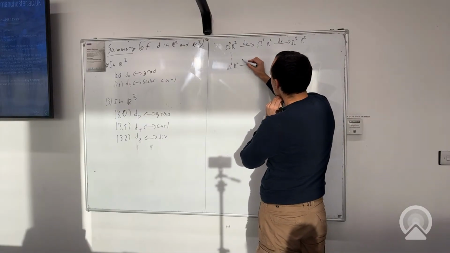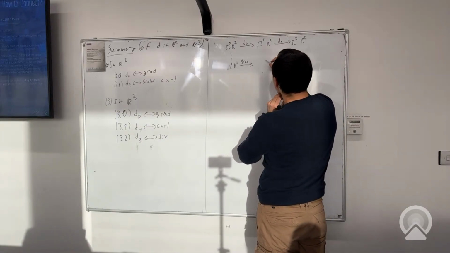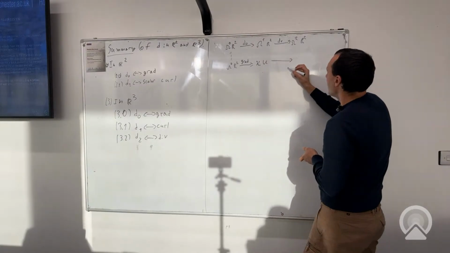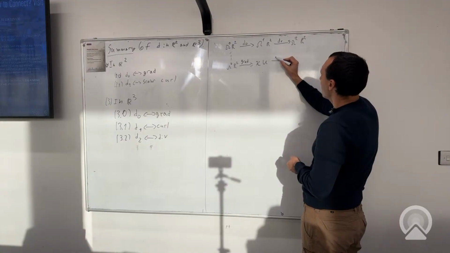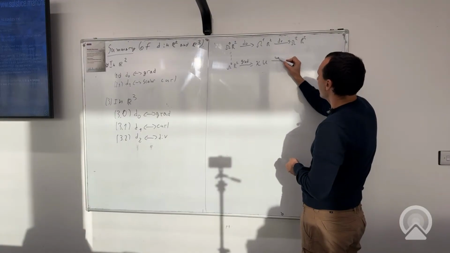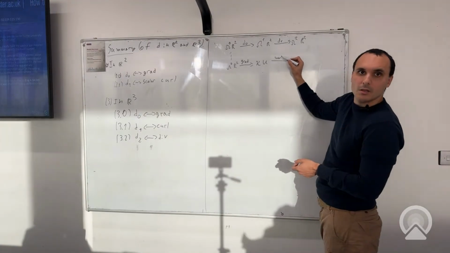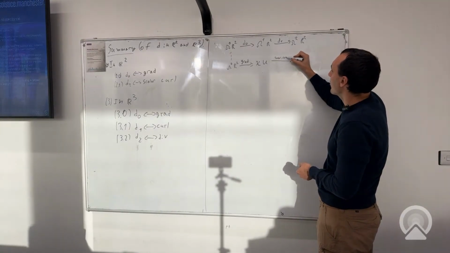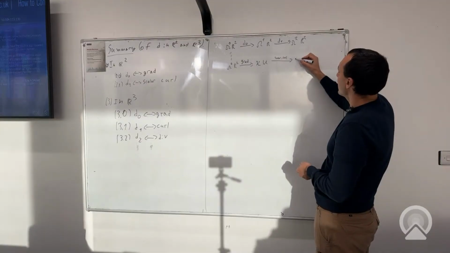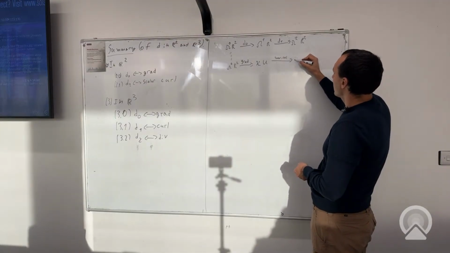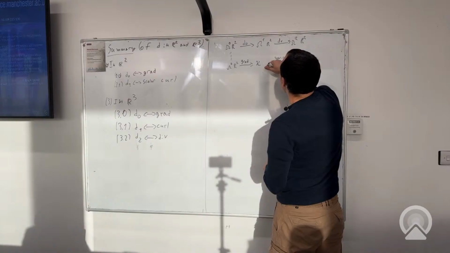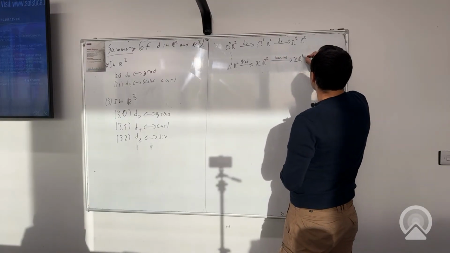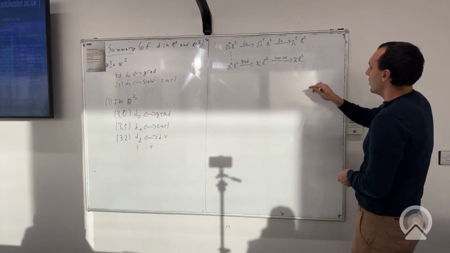So we have gradient, and we have a vector field, and here we have the scalar curl. This is again a function. This is a vector field, and here is a function.